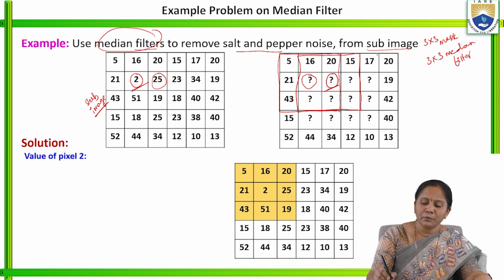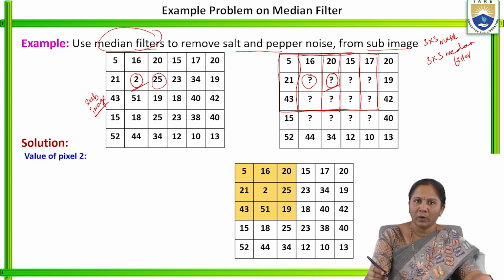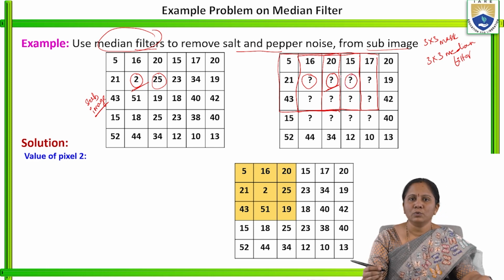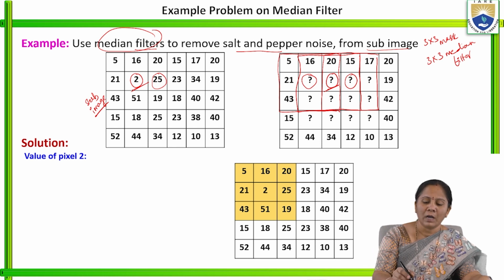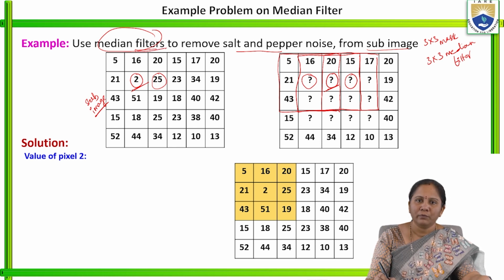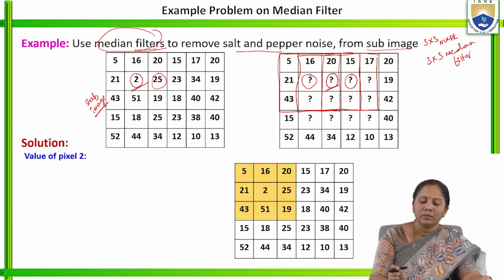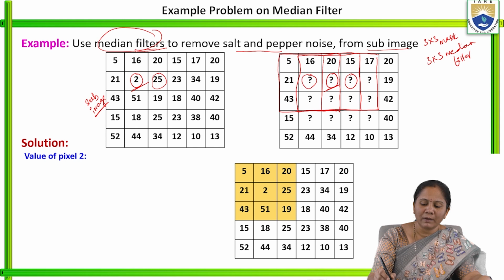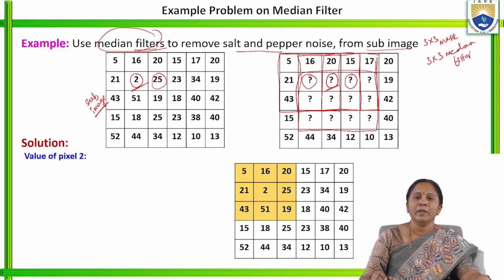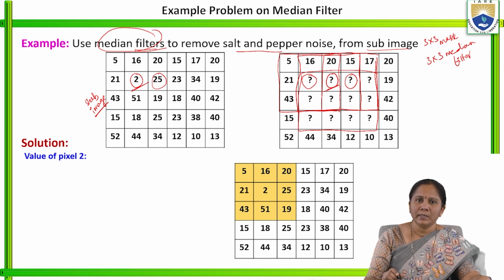Like that, if we keep shifting the mask by one column, the value of the center pixel keeps changing, and that pixel value is considered the old pixel. It should be replaced with the new pixel value after applying the median filter. So if we shift this mask, these are the center pixel values where the new value needs to be replaced.